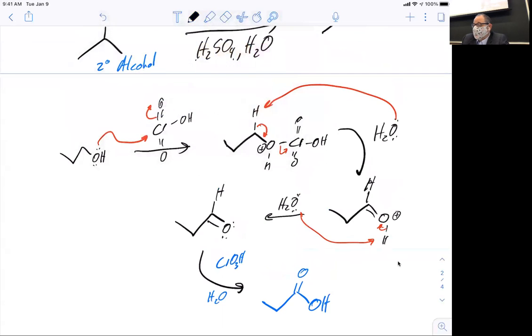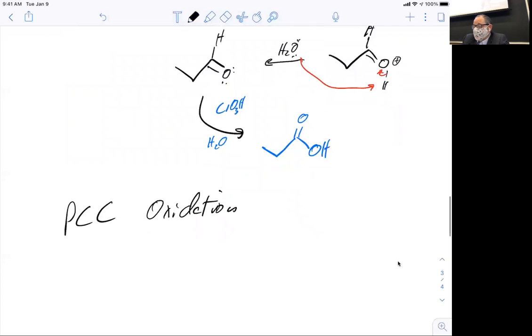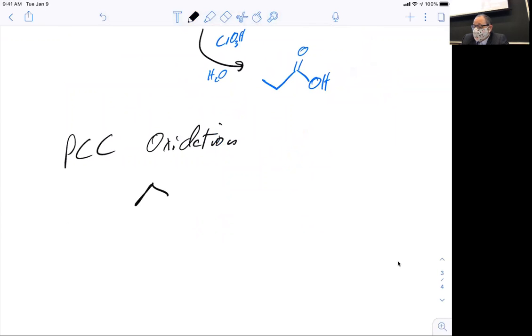So that created the next one, which was oxidation with PCC. And PCC was pyridinium chlorochromate.